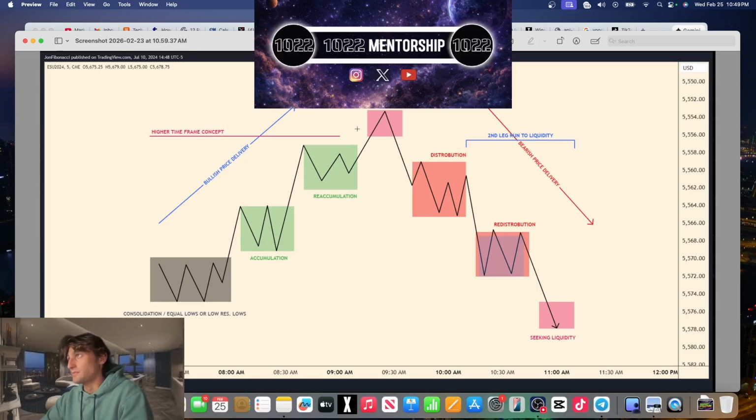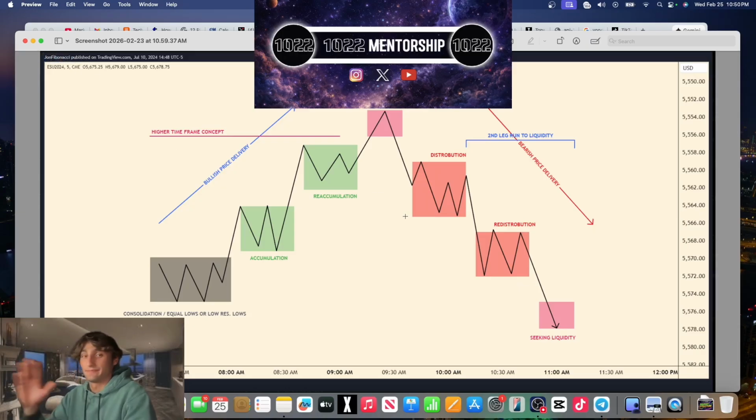After our higher time frame concept is met, we have seeking liquidity. That will be our manipulation here. After that, we will have our low risk shorts, and then we want to see our first leg. This is from John Fibonacci up here.